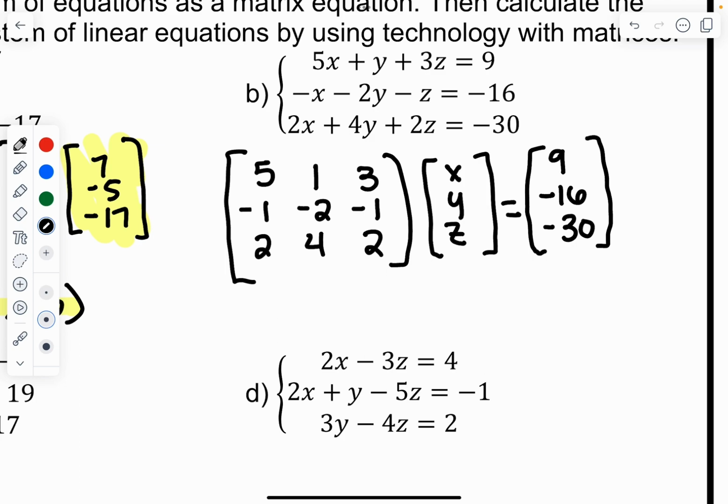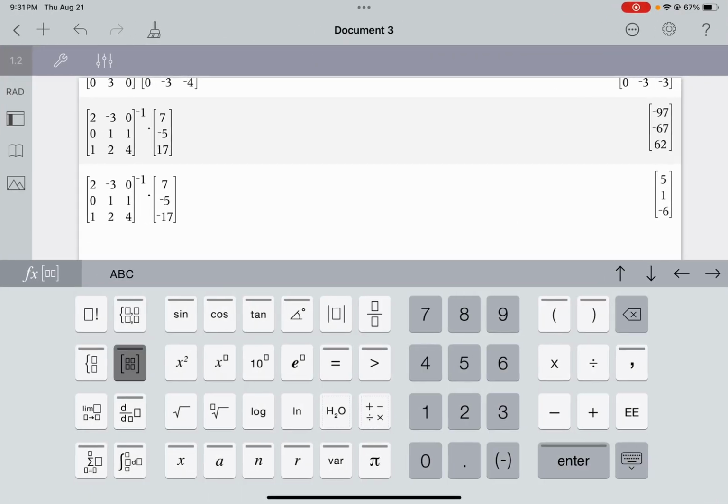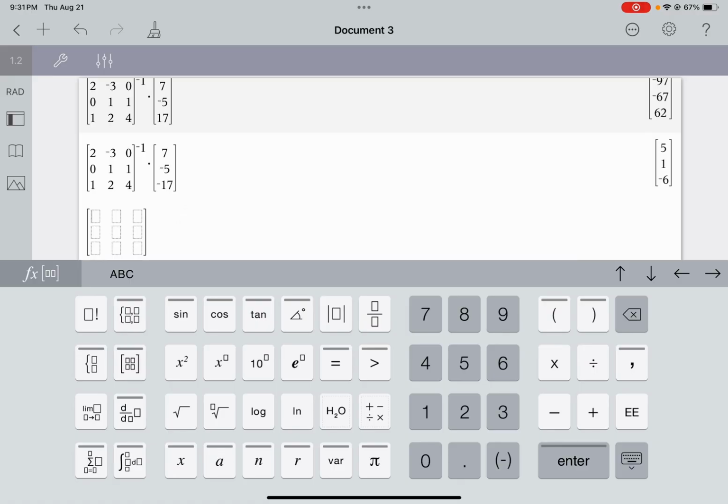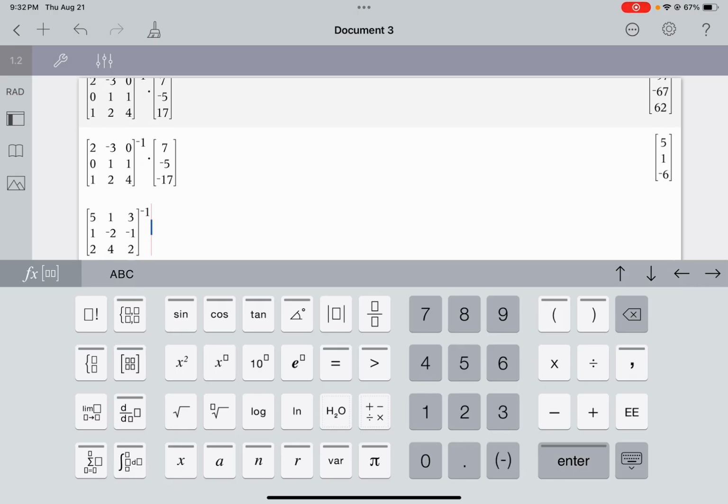So let's go ahead and type that in. We have a 3 by 3. Times, make sure you do A inverse.